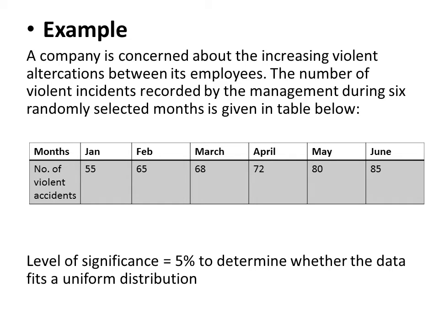In January, 55 violent incidents happened. In February, 65 violent incidents happened. In March, 68, and so on. The level of significance is given in the question, which is equal to 5%.